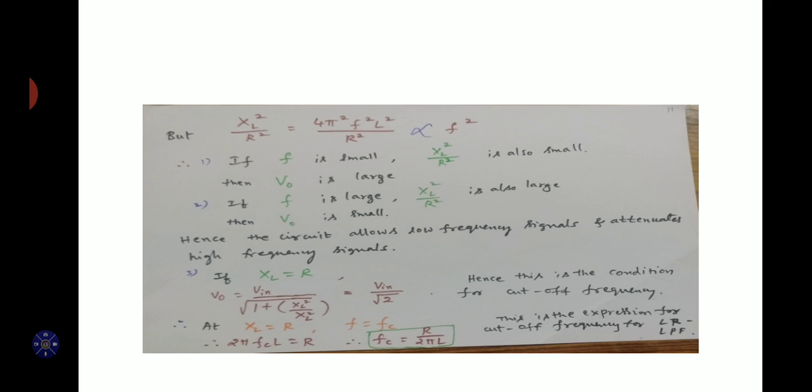Therefore, XL means 2 pi Fc L, that is equal to R. Therefore, the expression for the cutoff frequency is Fc equals R divided by 2 pi L. It depends on the resistance and inductor. So, this is the expression for the cutoff frequency for the LR low pass filter.